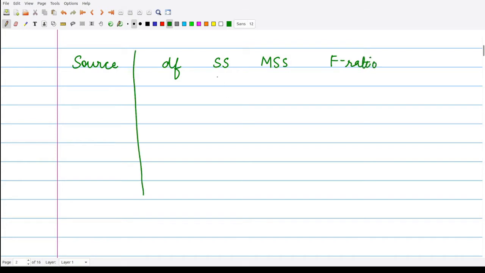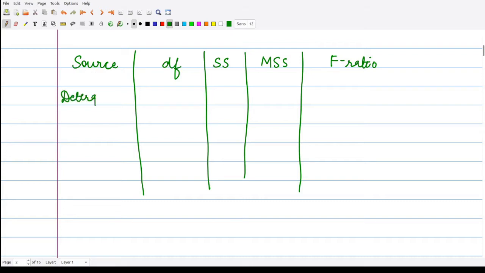So what is the difference here? The difference is that in the source, we will write detergents, because about detergents we have to make one decision. Then we'll write engines, because about engines we have to make a decision, and we'll write error here, and then we'll write total.